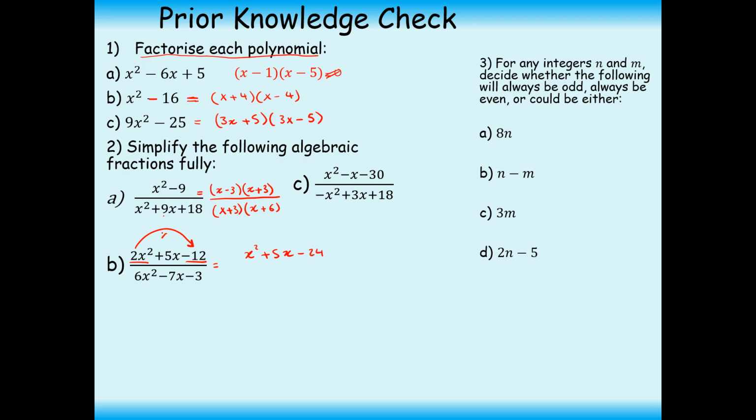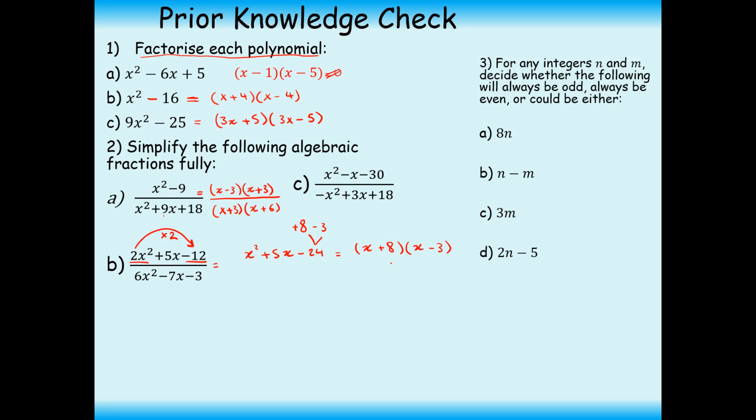Yes, I did change it, but I will change it back. I multiplied 12 by 2. I'm looking for factors of 24 that add up to positive 5. I know plus 8 and minus 3 will multiply to 24 and add up to 5. So I will write them in a bracket as x plus 8 and x minus 3.